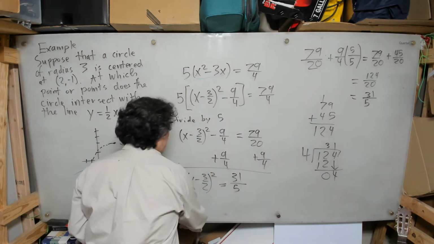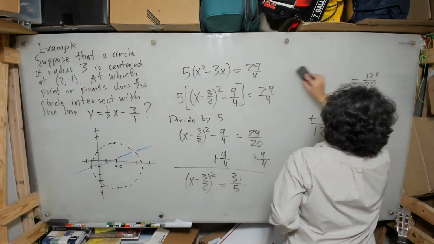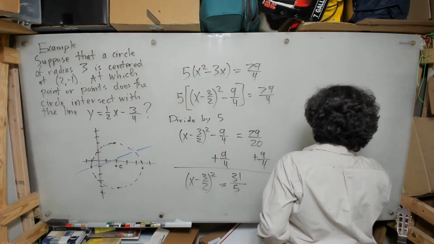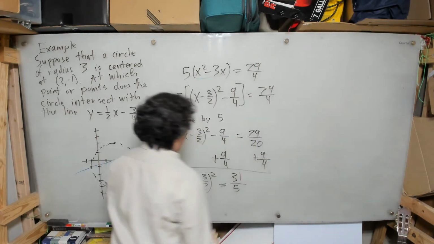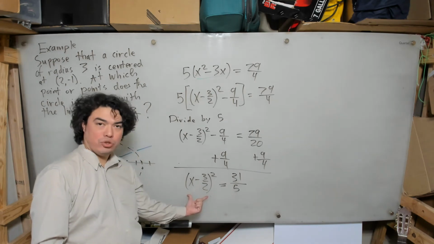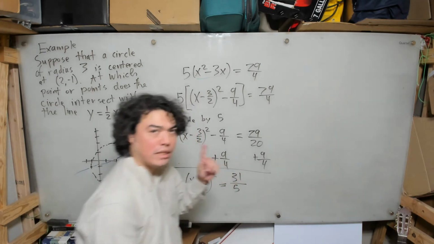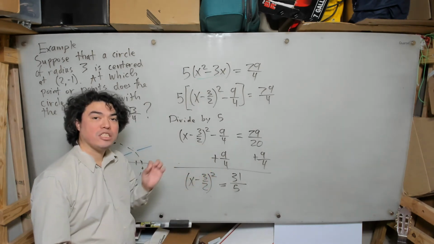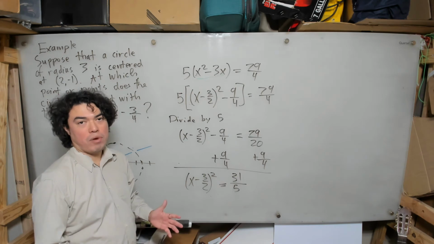So now we can get rid of this calculation here. Now what I'm going to do is take the square root of both sides, because that's going to allow us to get the x minus 3/2 by itself. And remember that when I take the square root, I'm always going to take the positive and negative square root, unless for some physical reason I only want the positive.